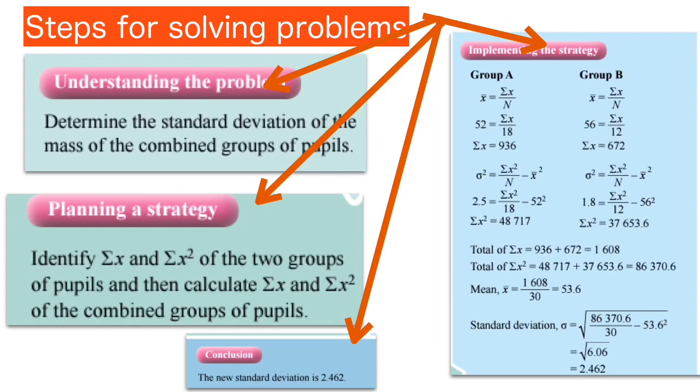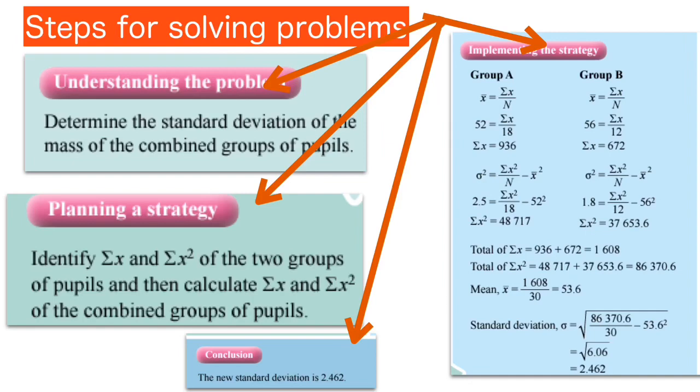The new mean after combining is 1608 over 30, because we combine 18 plus 12. So the new mean is 53.6.